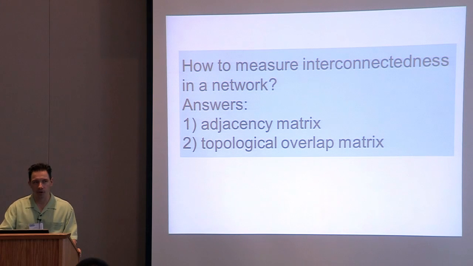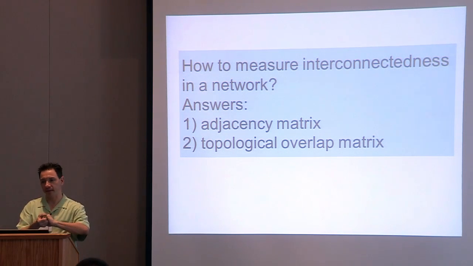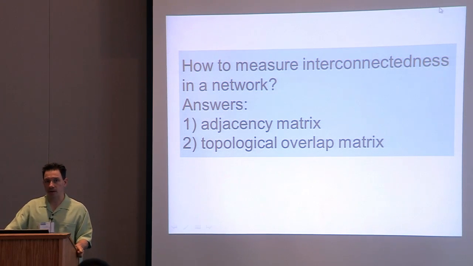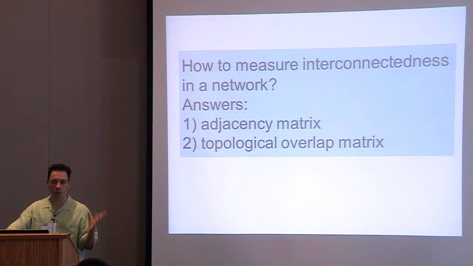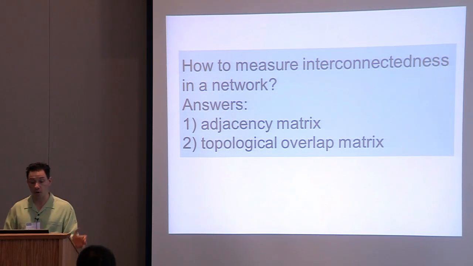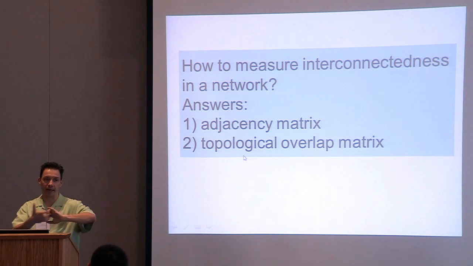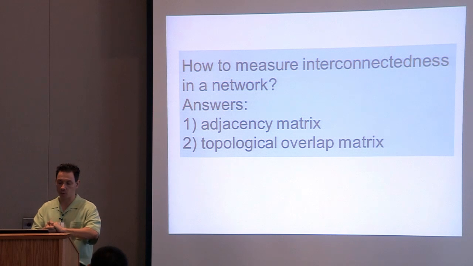So looking at shared friends, even in social networks, is possibly a more robust and even more meaningful measure of interconnectedness. And the same actually applies also to gene expression networks. As I mentioned to you earlier, we have a scientific paper where we carried out a comparison study, and we could show that if you measure shared neighbors of genes, you end up with modules that are often biologically more meaningful.